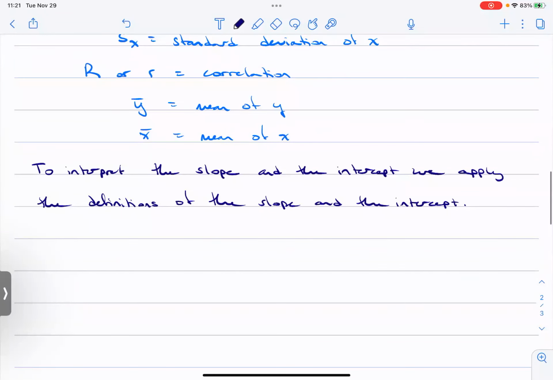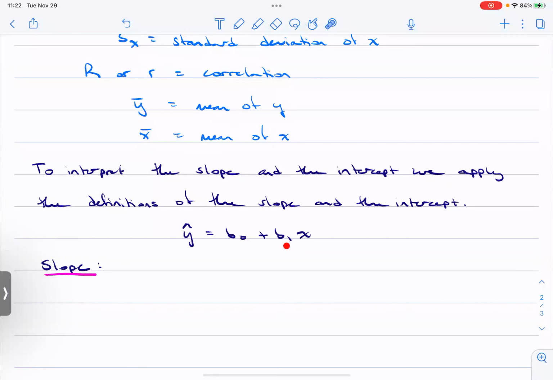So it really helps to remember that the equation of this line that we're interpreting now is y hat is b0 plus b1 x. So in terms of the slope, and I'll put a little line under it for it being a definition.